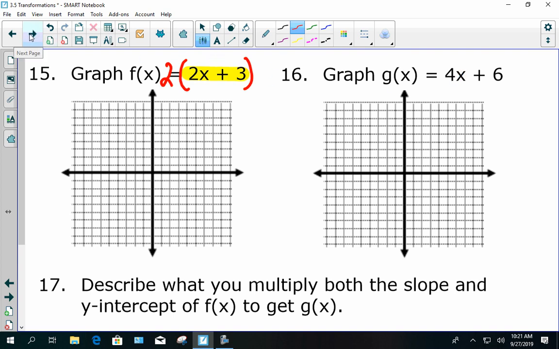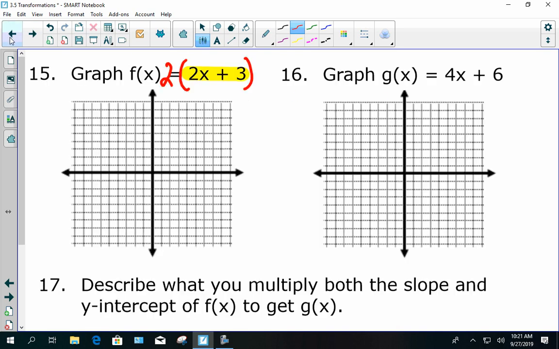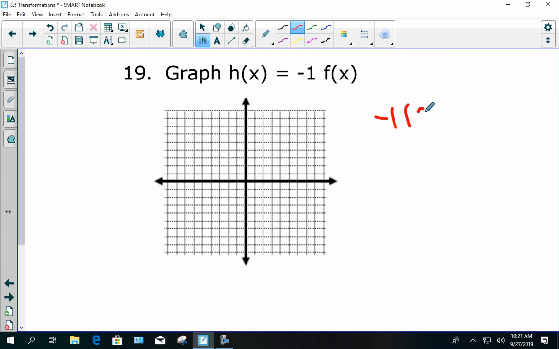So right here is the same thing. It's -1 times 2x plus 3. So h of x equals -2x minus 3.